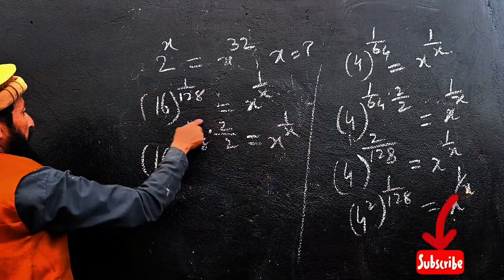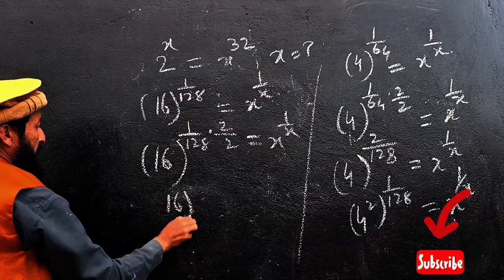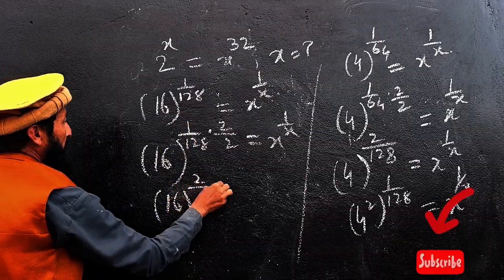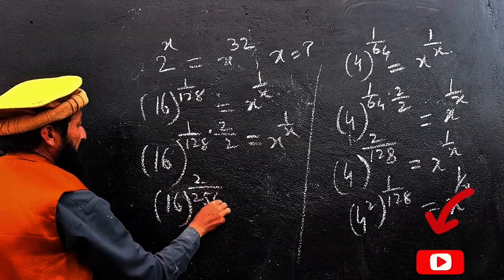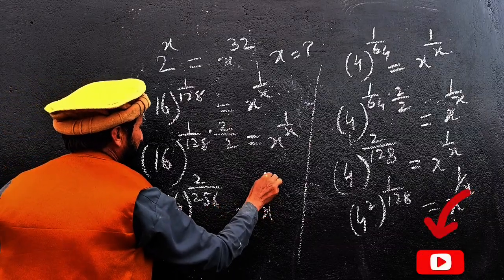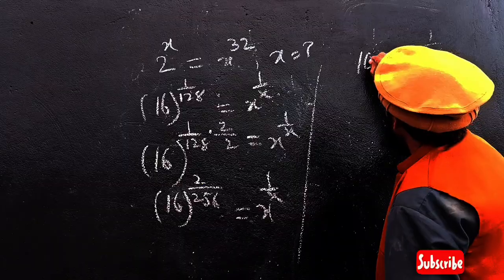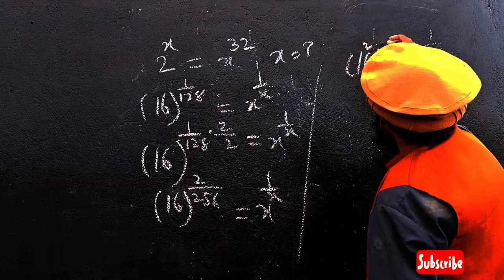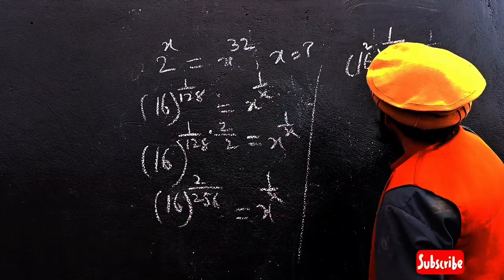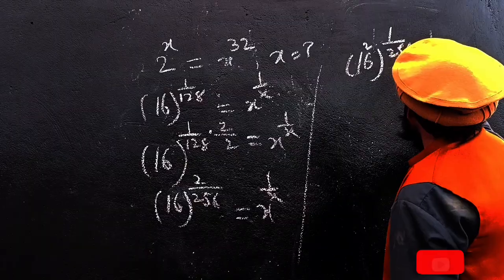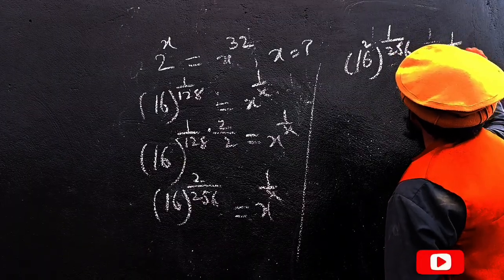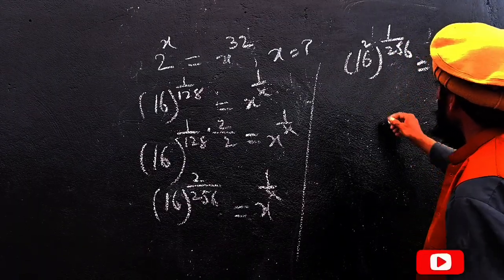Now this 2 is multiplied here, we can write 16 squared over 256 is equal to x^(1/x). We take here 16 squared and 1/256 is equal to x^(1/x).